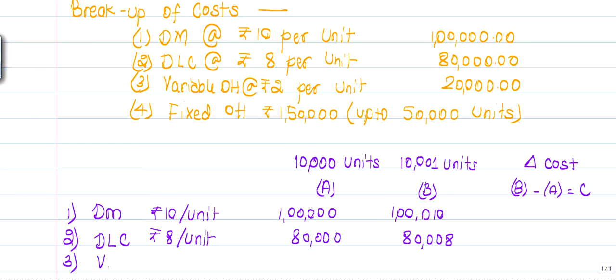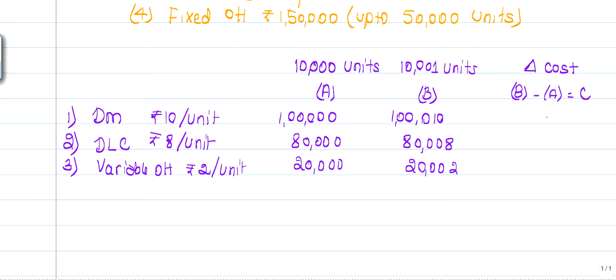Then comes variable overhead, rupees 2 per unit: 10,001 units into 2 rupees is 20,002, a change of 2 rupees. What is the change here? 10 rupees, 8 rupees, 2 rupees.